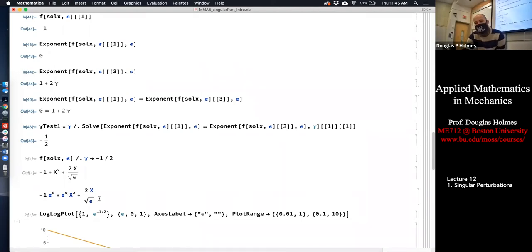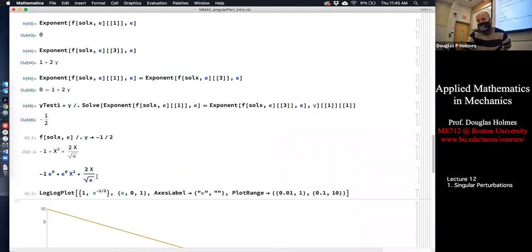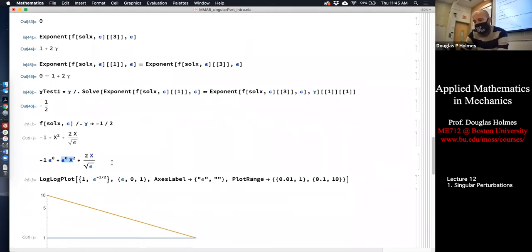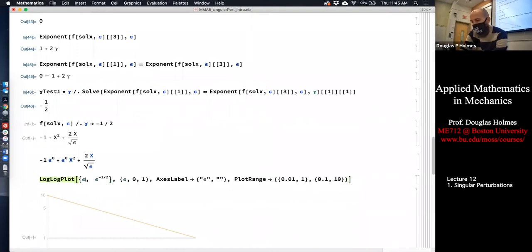And this is like root epsilon, or 1/√epsilon. And so this term is of order 1, this term is of order 1, and this term is of order epsilon to the -1/2. So what I'm plotting here, just for clarity, I'll call this epsilon to the 0, and I'll call this epsilon to the -1/2.